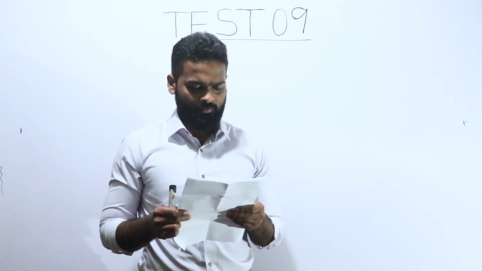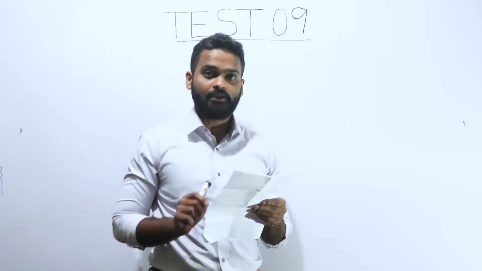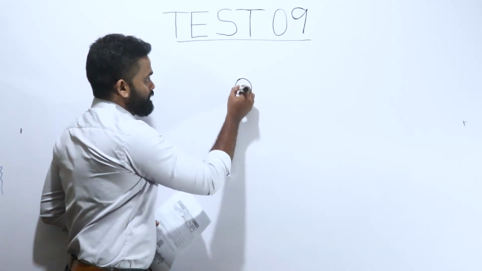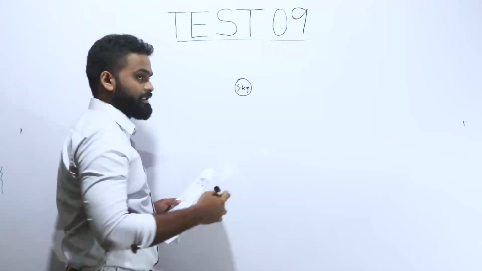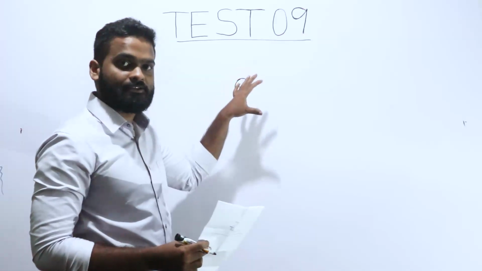Third question. Force required to make an object of mass 5 kg fall at an acceleration of 2 meters per square second downwards is. So we have been given these options. The mass of the object is 5 kg. What they ask is the force required in order to have that acceleration.